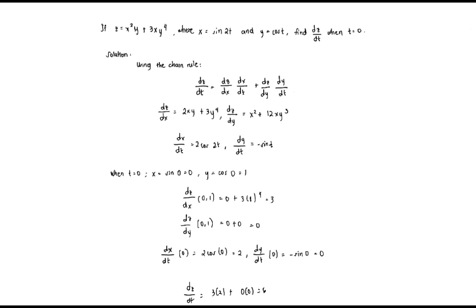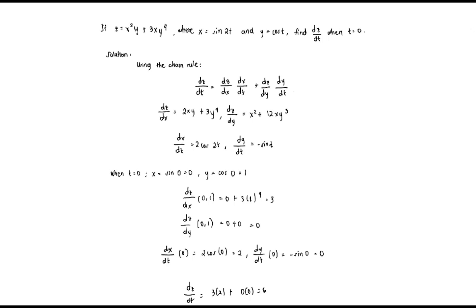This means each intermediate variable creates a distinct pathway through which changes in x affect z, and all such pathways contribute additively to the total derivative. So anyways, let's move to this first example.